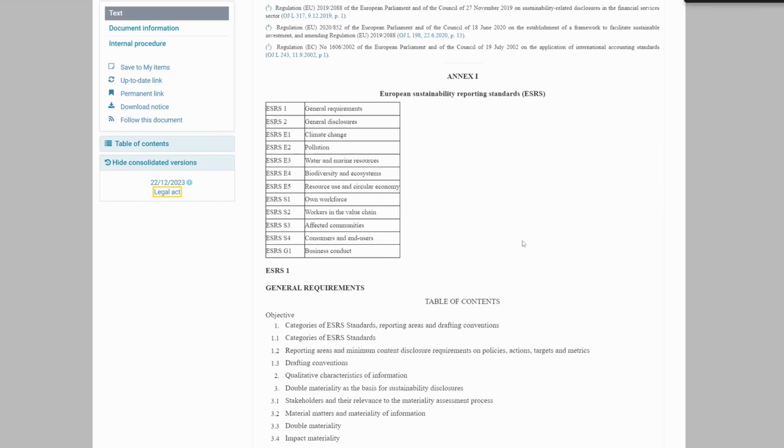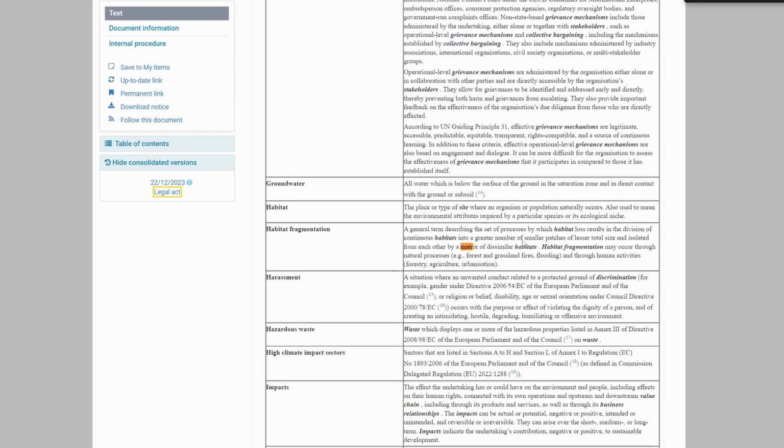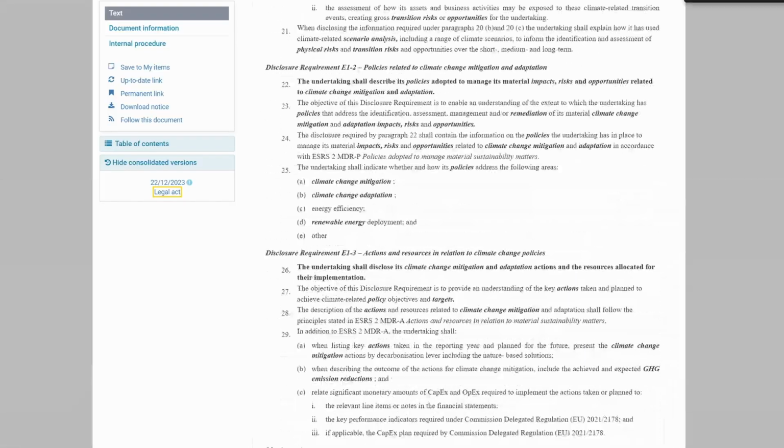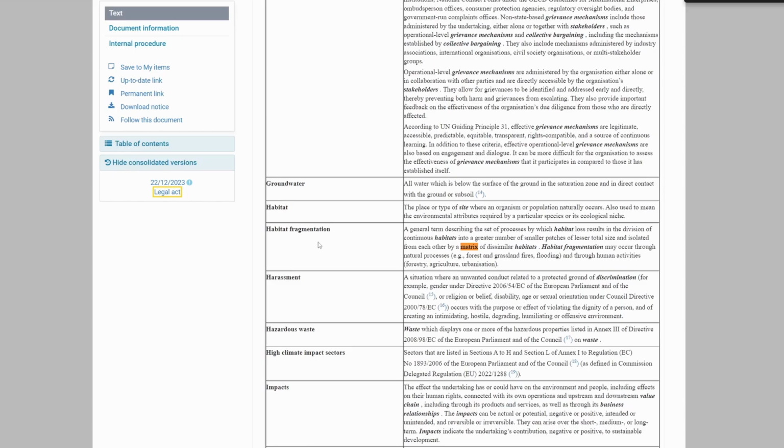We're going to check the entire set of standards for the word matrix. So let's just do that with a classic word search in the browser, and the word matrix appears only once in the entire set of standards, and that is in the glossary with respect only to habitat fragmentation, and it is clarification of the presence of matrix type habitat. So there is no reference at all to matrix in the ESRS that relates to double materiality in any way.